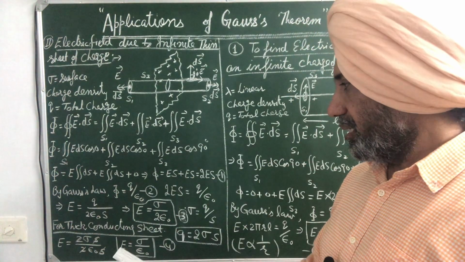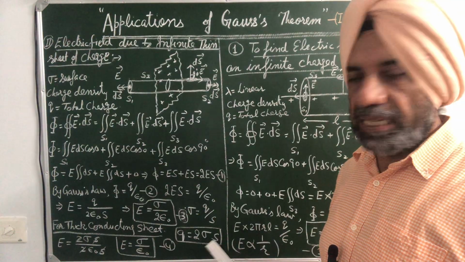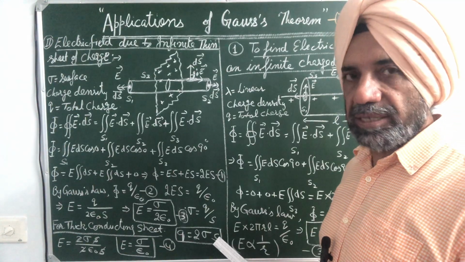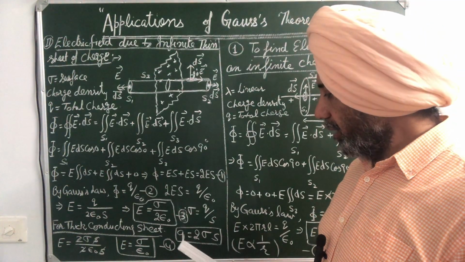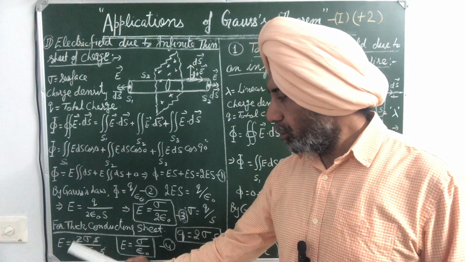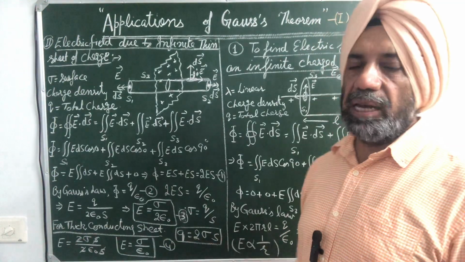So in that case, Q will be equal to 2 sigma S, instead of Q is equal to sigma S. The total charge will be double. So therefore, putting Q is equal to 2 sigma S, the 2 cancels, S cancels. So E is equal to sigma over epsilon naught.